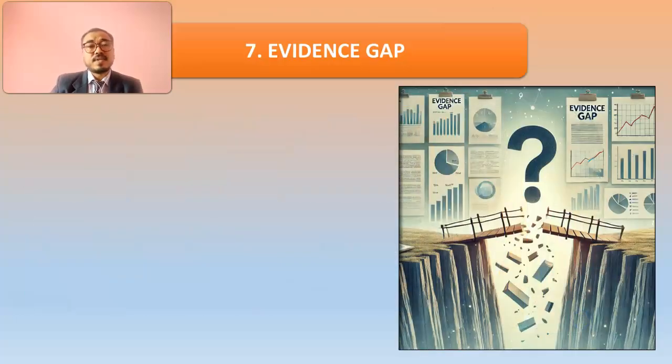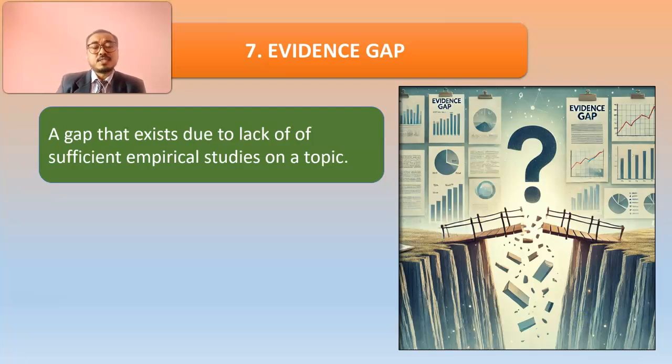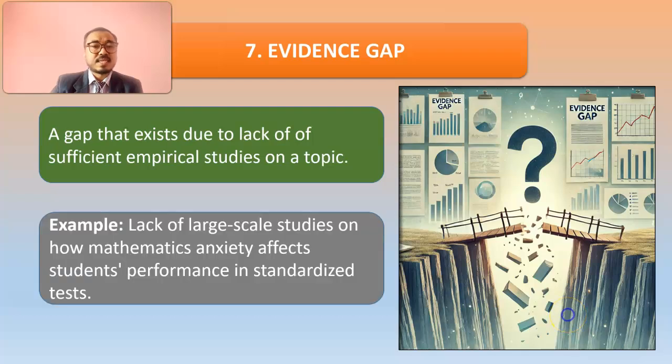Okay, next one is evidence gap. A gap that exists due to lack of sufficient empirical studies on a topic. If we are unable to provide concrete evidence on our research work, then that gap is called evidence gap. For example, lack of large-scale studies on how mathematics anxiety affects students' performance in standardized tests.